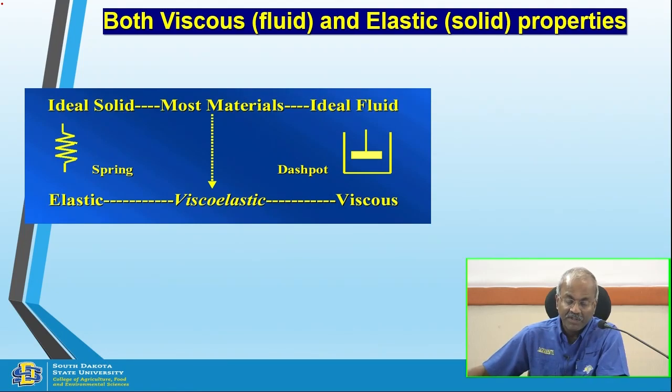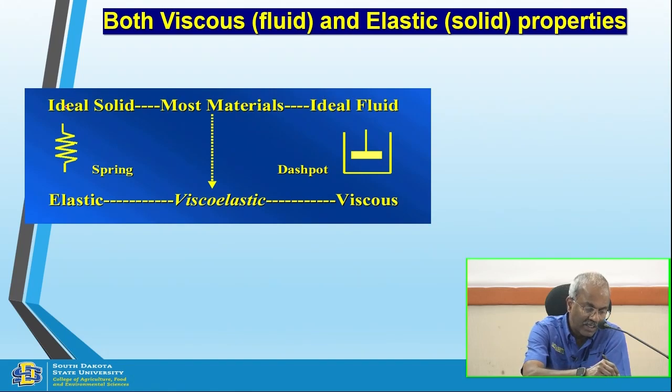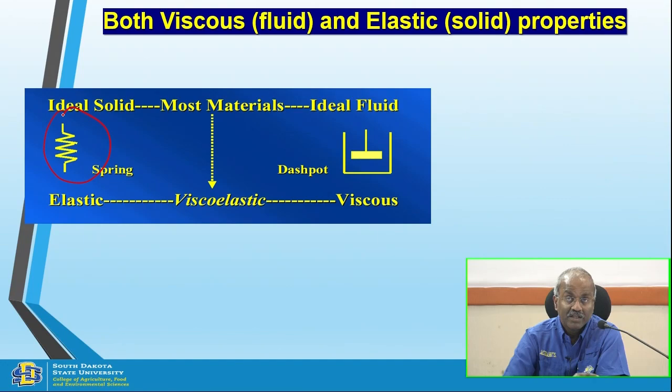So, any food material you take has both viscous and elastic properties. When we say elastic, we are talking about ideal solids. It's a spring component, right? When you apply the force and release the force, it comes back to the original shape, which is a spring component, which is elastic.